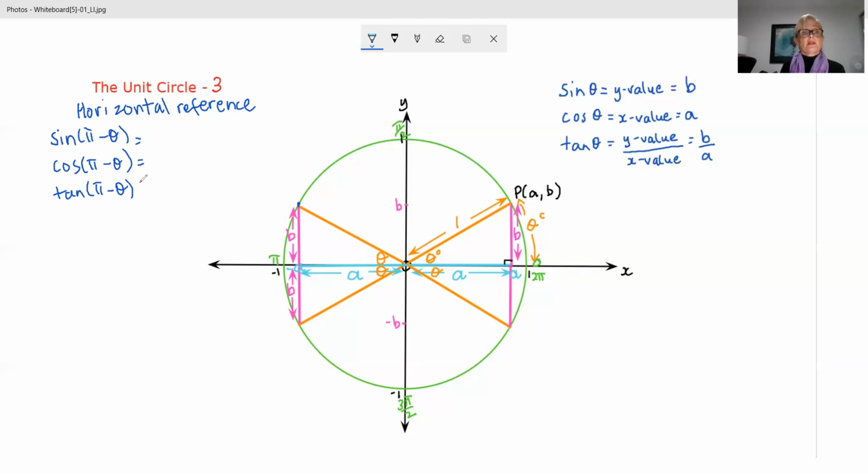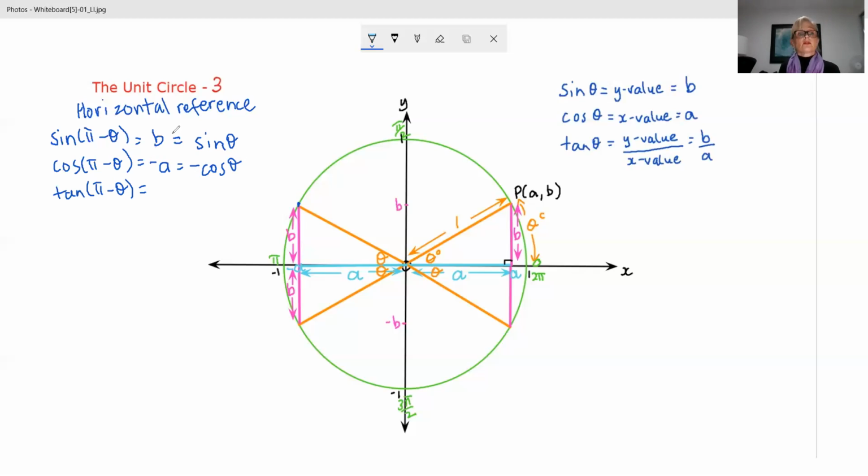All right, let's have a bit of a think about this. Sine is your y value, so it's b. That is exactly the same as sine of theta. So sine of pi minus theta is sine of theta. Cos is your x value. Now we've moved to the left there, so it's negative a, which is negative our cos theta.